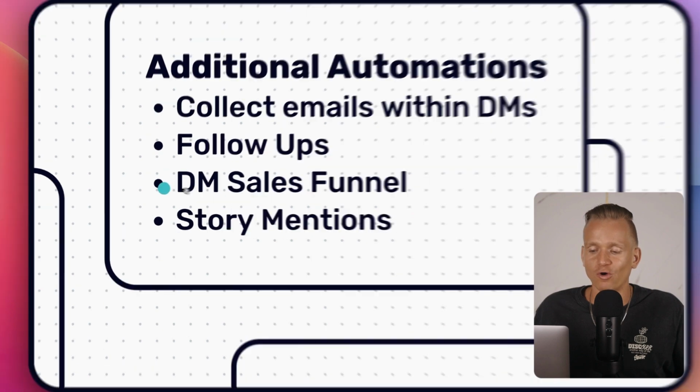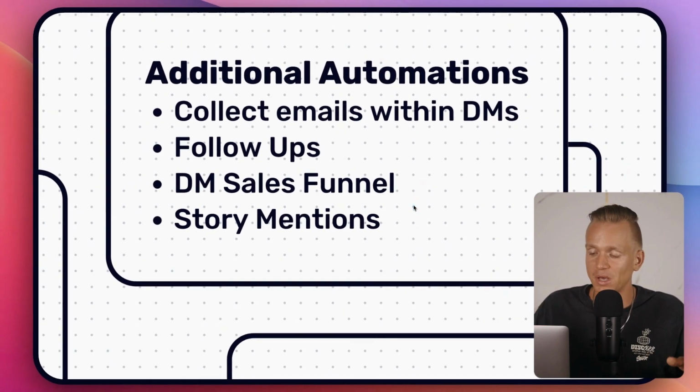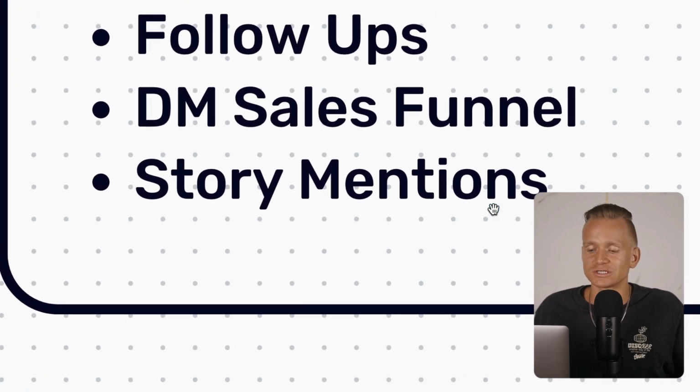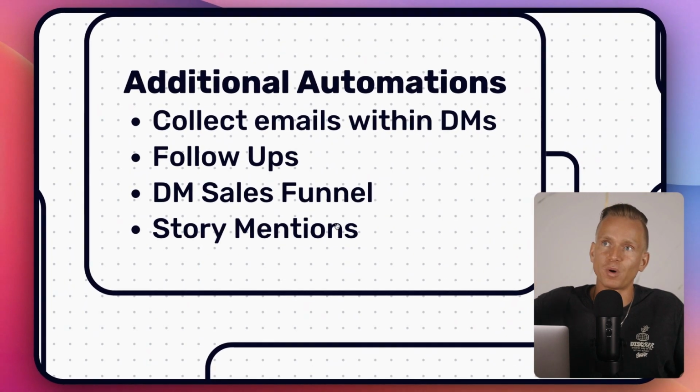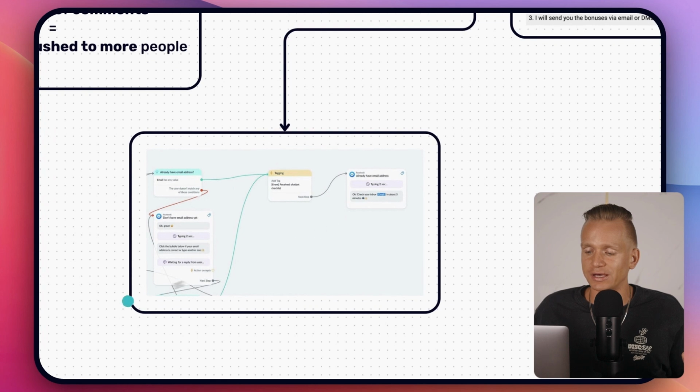So you can create a whole sales funnel, as sort of like what I mentioned, and you can do story mentions. So you don't just have to do it on your posts with Instagram. For example, if you post a story, or if someone mentions you, that can be a trigger, if someone puts a specific word and stuff like that. So there's a bunch of different automations that you can set up.